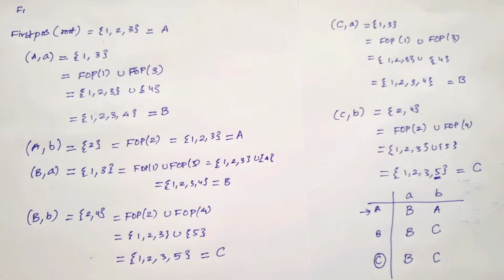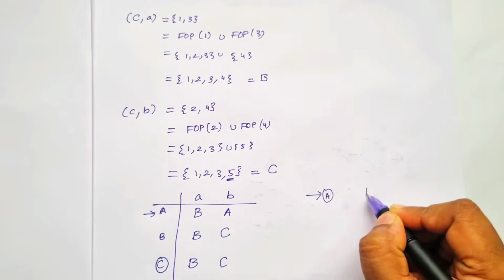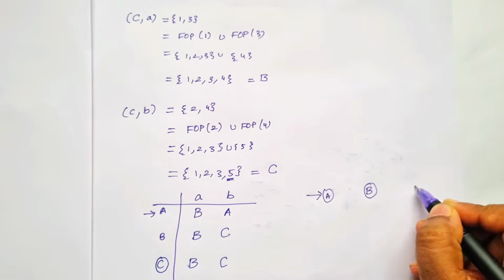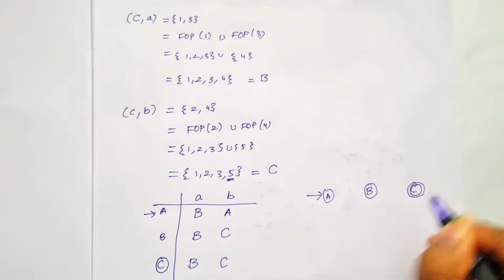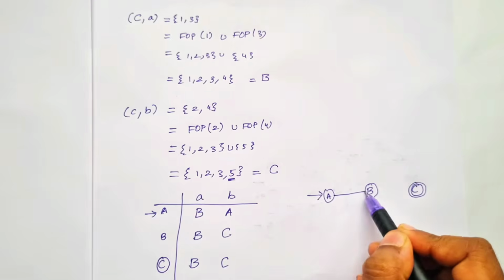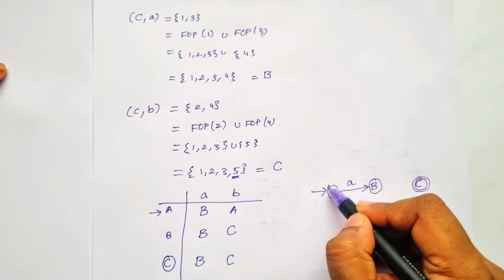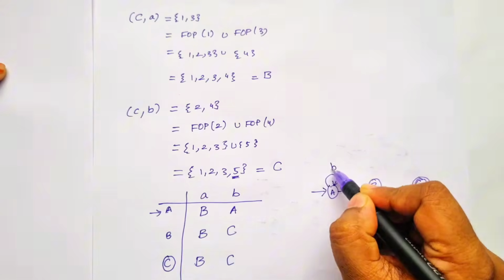Now let us see the transition diagram. The initial state is A and you have two more states, B and then C is the final state. A on a, it is going to B. A on b is going to A itself, a self loop.